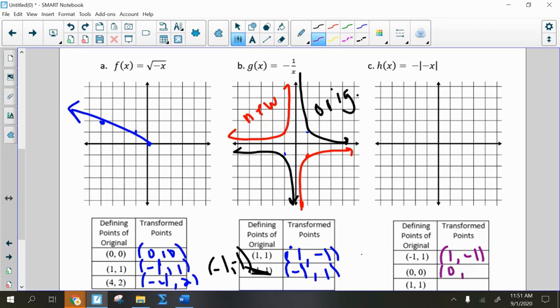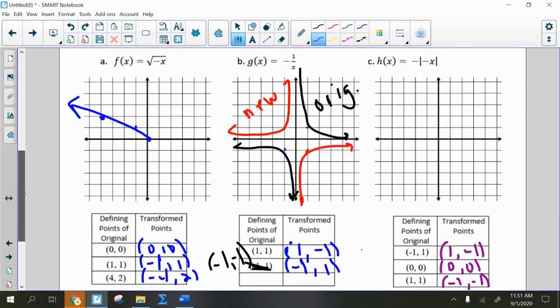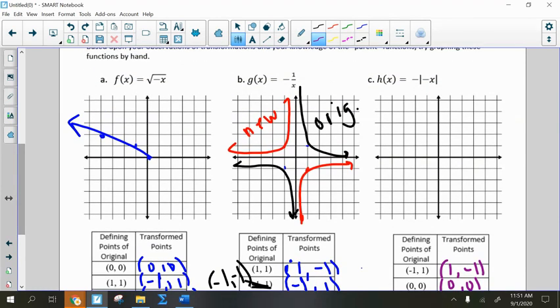This stays at 0, 0, and this becomes negative 1, negative 1. Okay, so that is the new graph on that one.